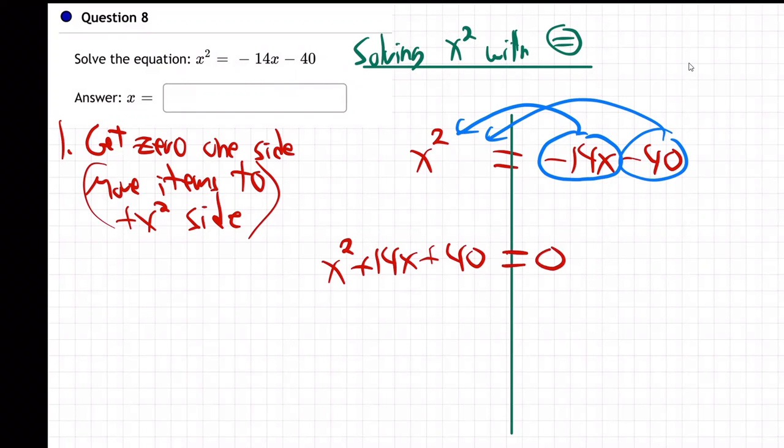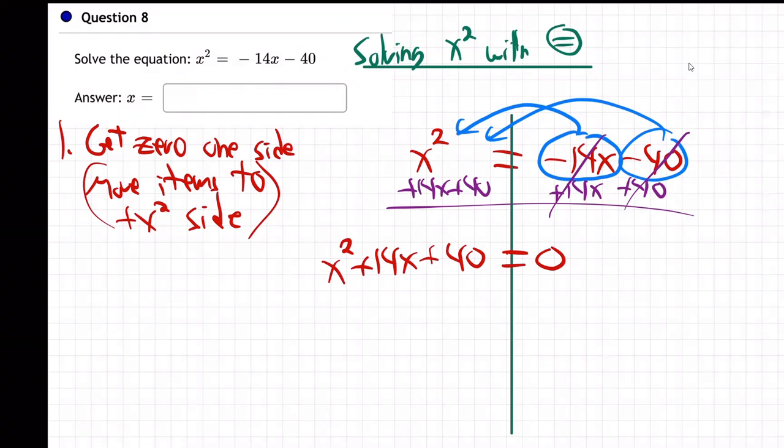Now, I don't want to do it like it's a little math trick. Really, what I just did is add 14x and 40 to both sides. You don't have to write this, but I want you to see that it's a legal operation. That's why they jumped to the other side and became positive, right? But to save time, you can just jump them and switch their signs.